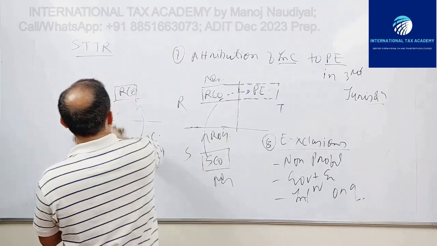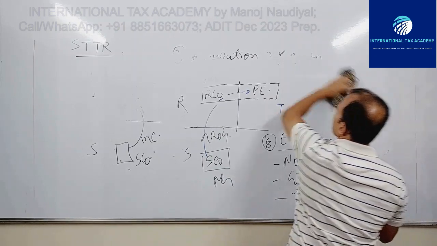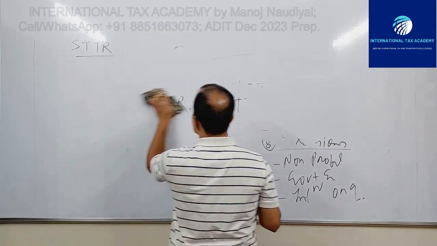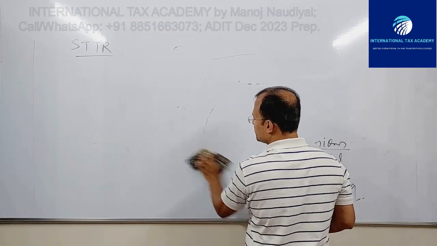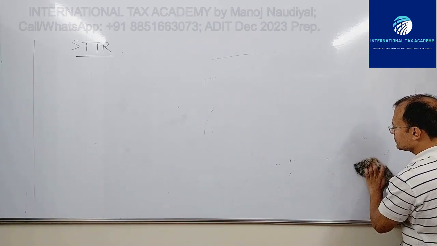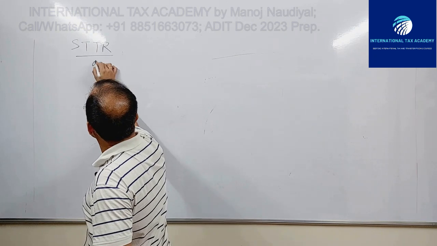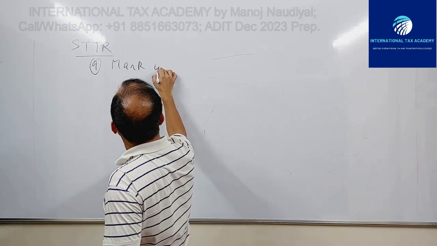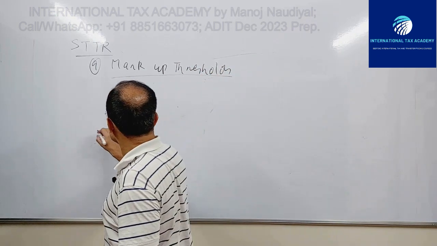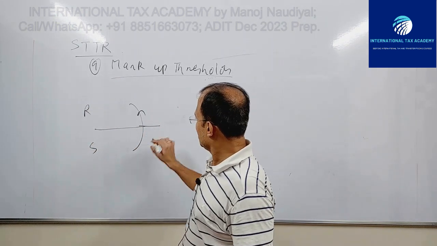Paragraph 9 is very important: markup thresholds. Meaning to say, you have R, you have S. This is the covered income.